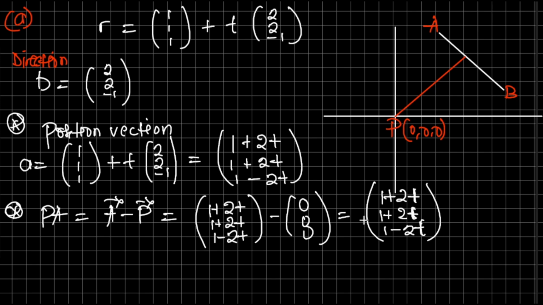And then the next thing we do is take the dot product of this vector and the direction. So the dot product will be equal to 0. Therefore PA dot b will be equal to 0.